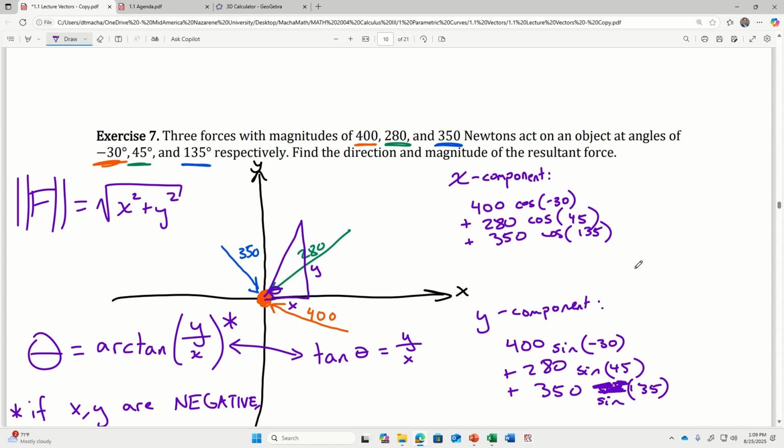I'd work at my desk for an hour and get an answer to my question, and I would always think, does this make sense? So if I'm expecting forces to act on my object in this kind of manner, then whatever answer I get for the resulting force, the direction and magnitude, I expect it to be moving that way. And if I got an answer that was moving in the opposite direction, that would probably be an indication that I drew my arrows going the wrong way. You know what I mean?